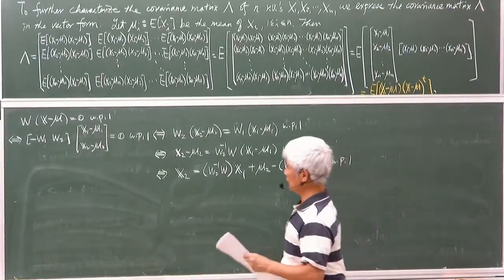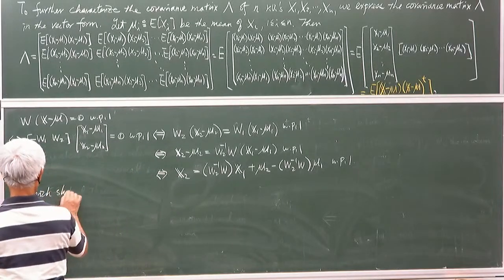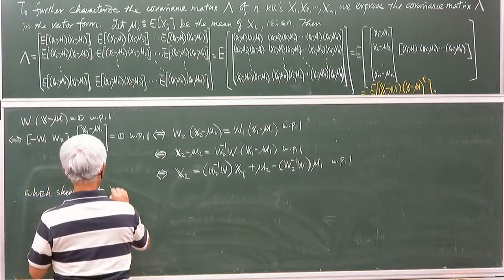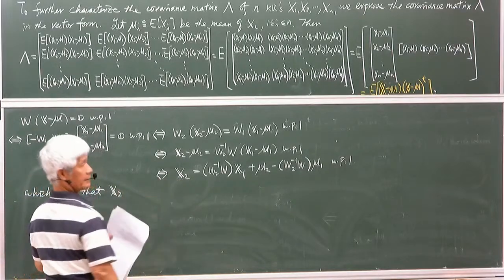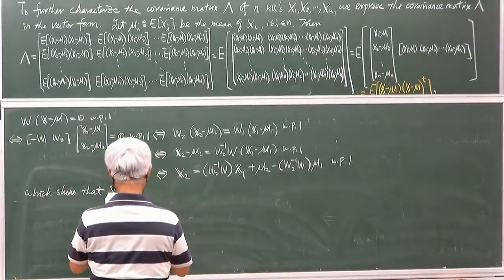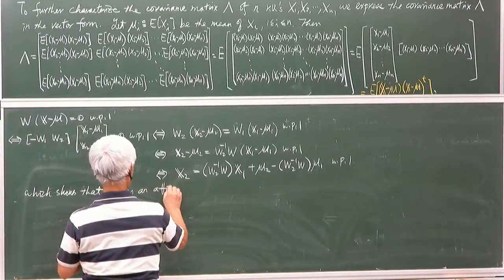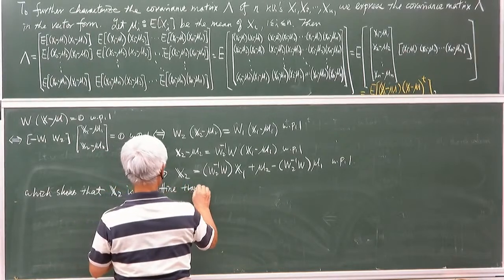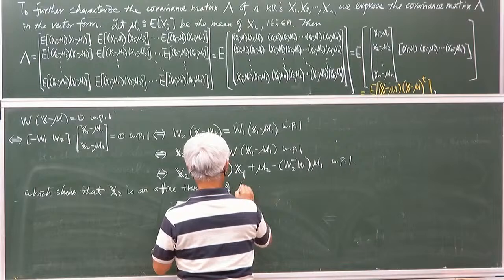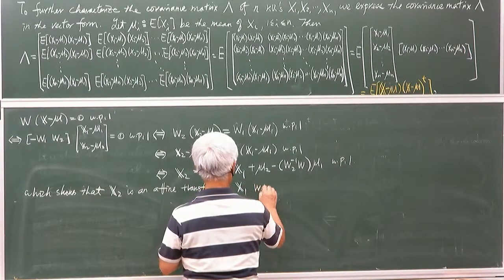Which shows that the random vector X2 is an affine transform of X1 with probability 1.